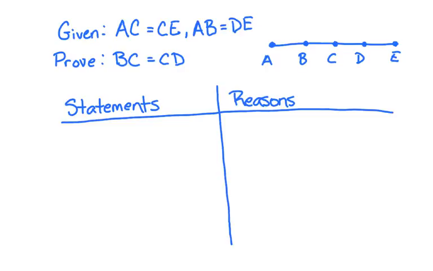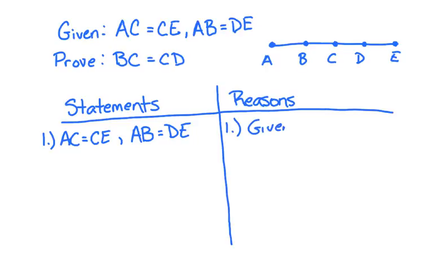Anyway, so what we're going to do, like I said, let's start with the given. AC equals CE, and AB equals DE. So that is given, so write given. Step 2, this is what it lists for step 2.